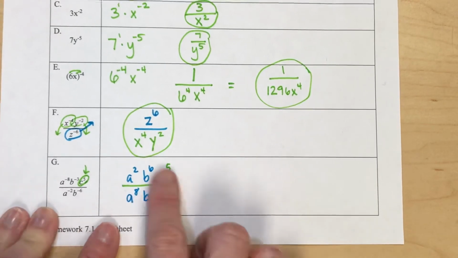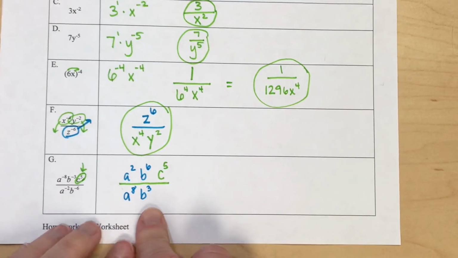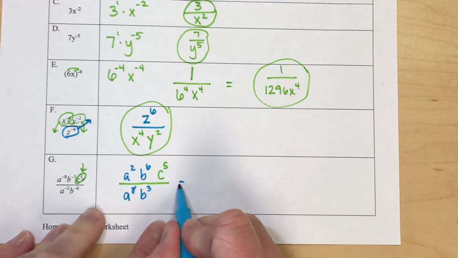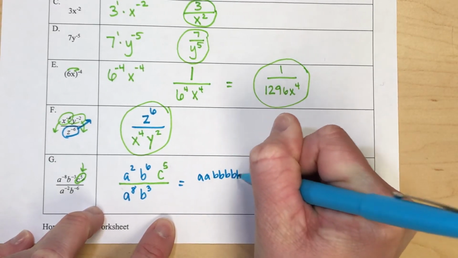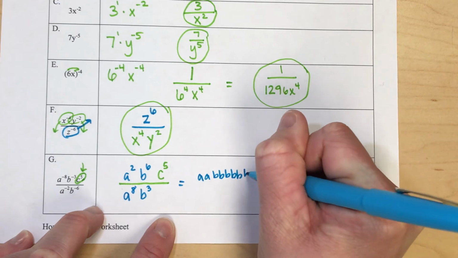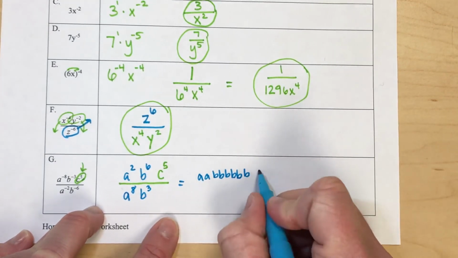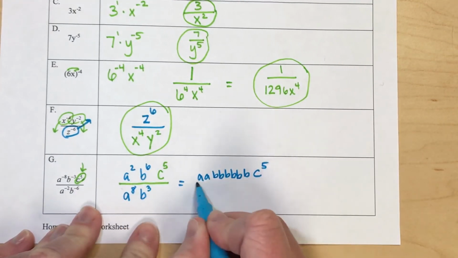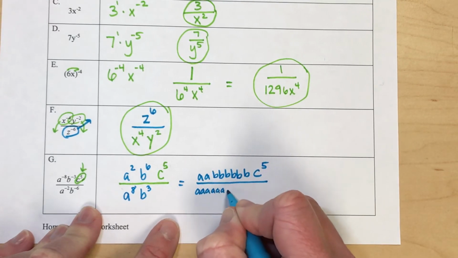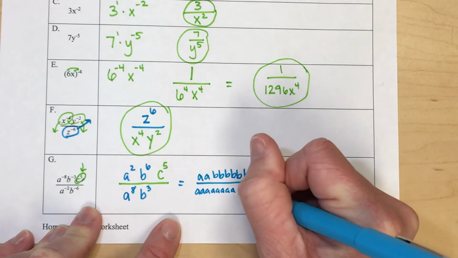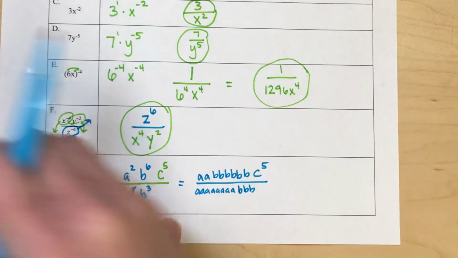Now that I have positive powers, let's do some canceling. So this would be A, B, B, B, B, B, 1, 2, 3, 4, 5. I need 6 of those. And then I'm just going to write c to the 5th. There's no c's that are going to cancel here. Now 1, 2, 3, 4, 5, 6, 7, 8 A's, and then 1, 2, 3 B's.